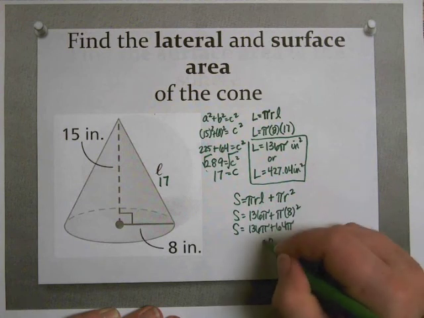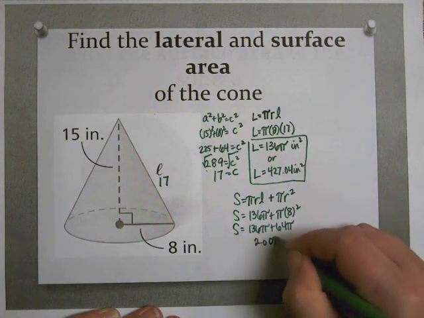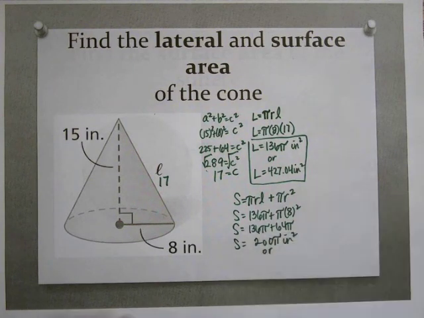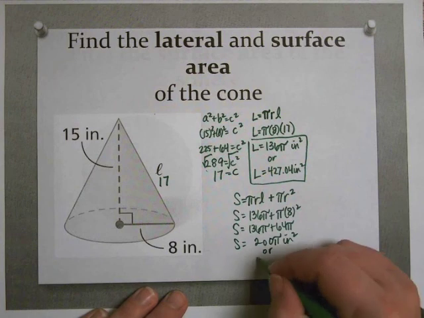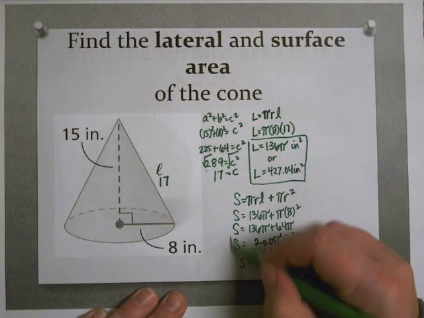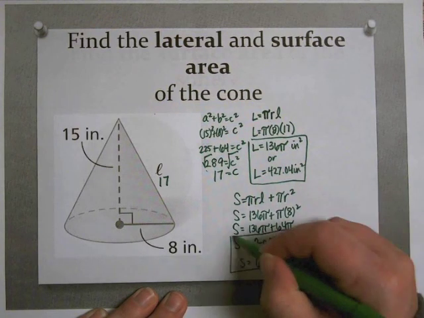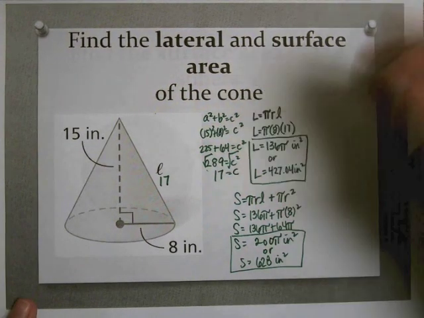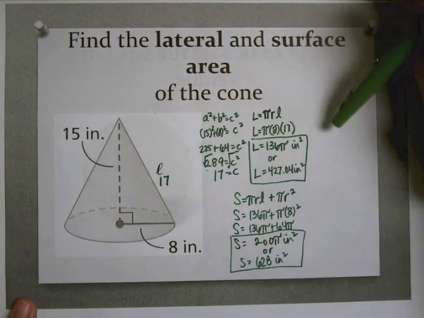Add them up. 200 pi is our surface area, inches squared, or 200 times 3.14 is 628 inches squared. No rounding on that because 200 times 3.14 comes out to a nice non-decimal number. Again, memorize these formulas. It's going to help you out.